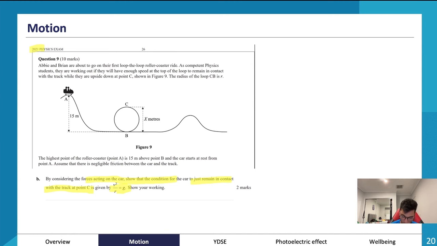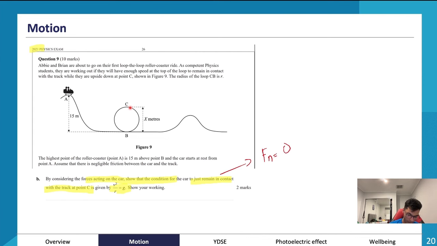When a question says to just remain in contact, that is saying that the normal force is equal to 0.